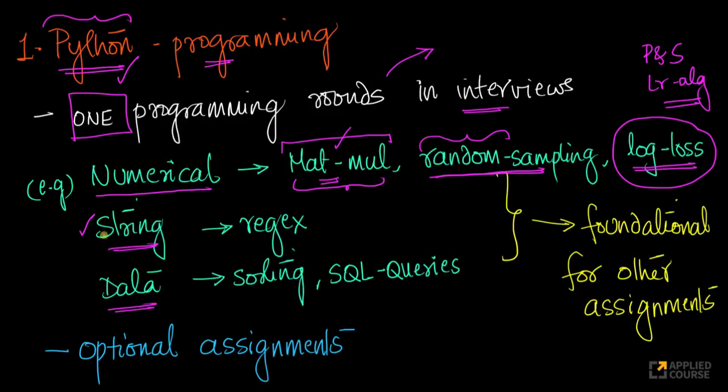Similarly, in a lot of NLP, string processing is very important. So we have some assignments which are primarily focused on regular expressions only. And we have done 2-hour plus live sessions just focusing on regular expressions in strings.